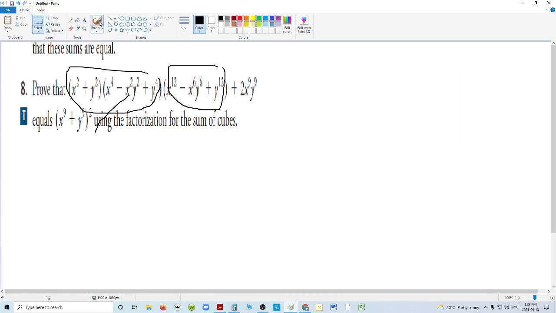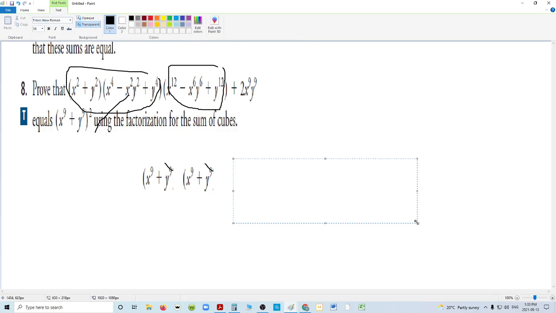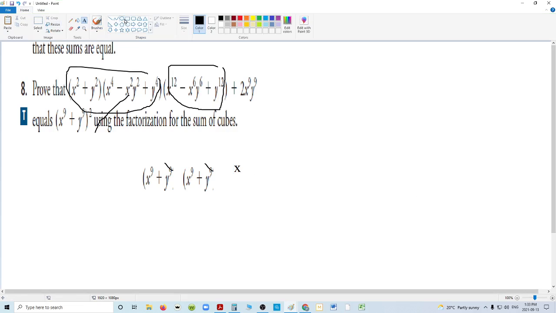Let's look at this last term. If I expand that, I'm essentially going to be x to the 9 plus y to the 9 times itself. And I'm going to get x to the 9, x to the 18. Yeah, I do have it. This is going to be the middle term when I expand that.